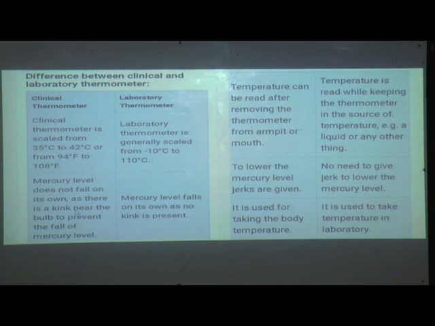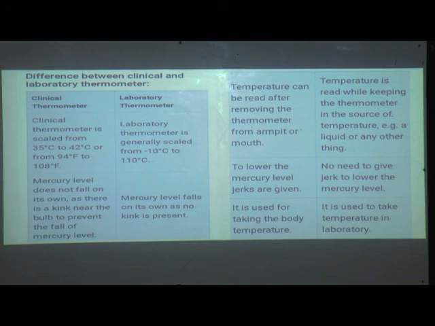Then the second difference: in the clinical thermometer the mercury level does not fall on its own, as there is a kink near the bulb to prevent it. So what happens in the clinical thermometer while we measure the temperature of human beings? When we remove the clinical thermometer from our mouth, the mercury remains at the point where it became stable. It does not go down, or the level of mercury does not decrease.